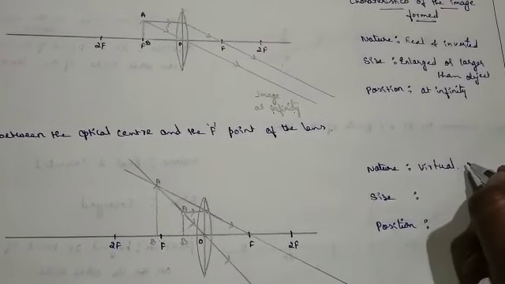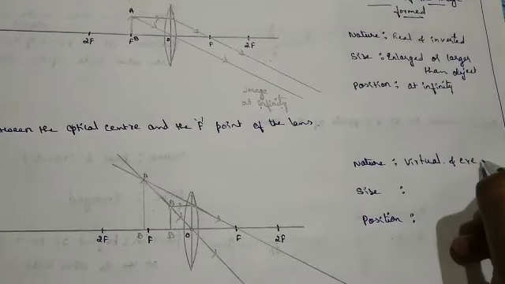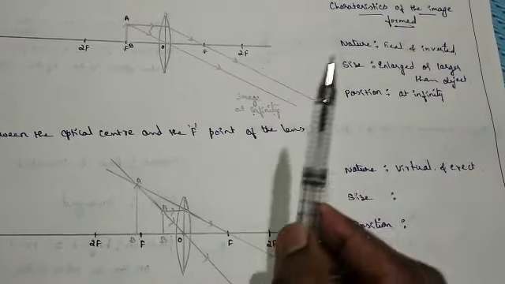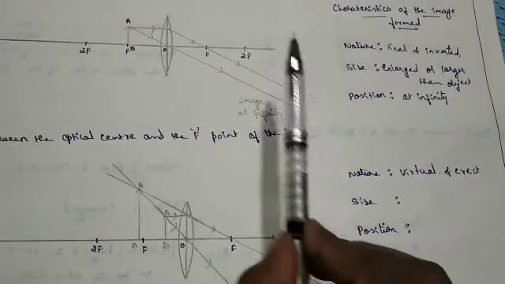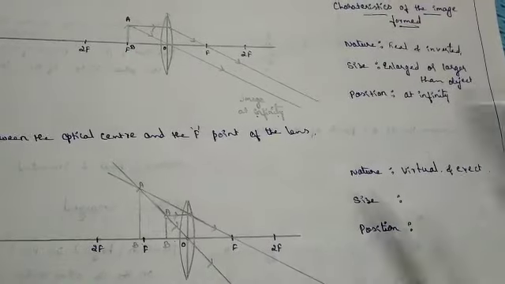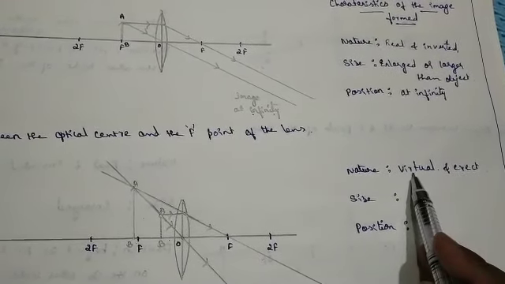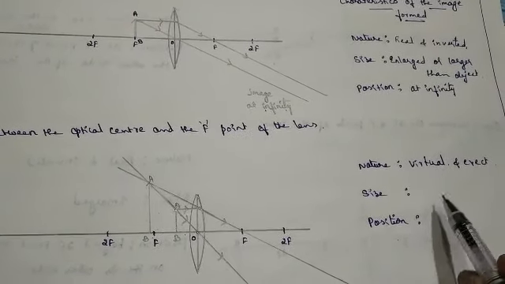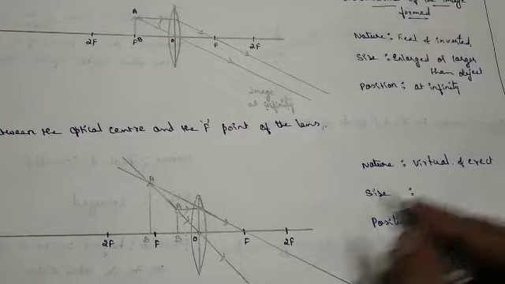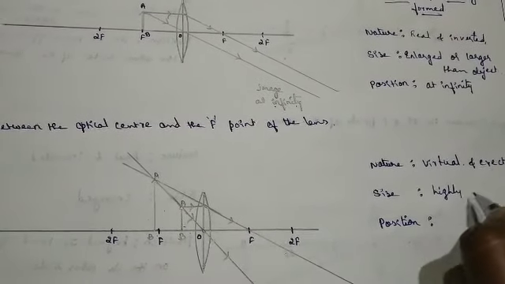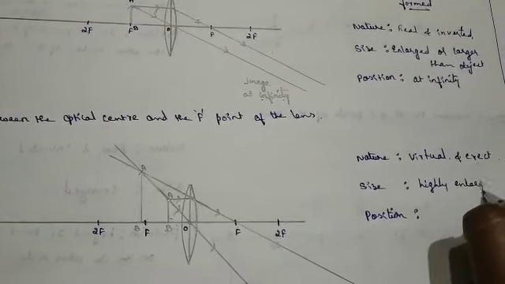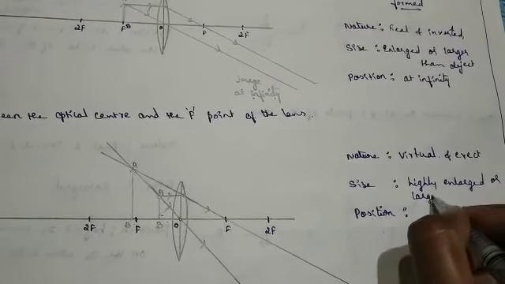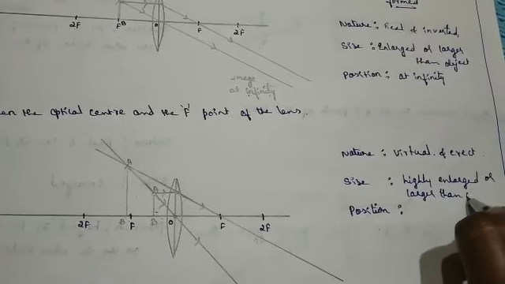Erect is the opposite of inverted. That is erect in the sense that if you place the object in this way, the image is also formed in the same fashion. Size you can see here, highly enlarged, or you can write larger than object.